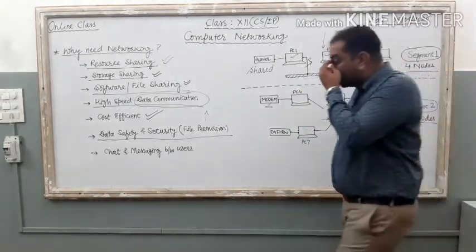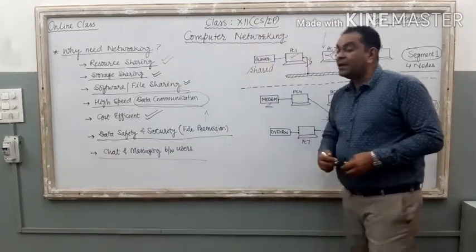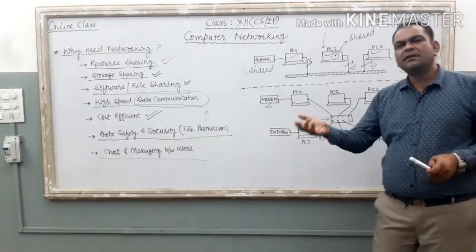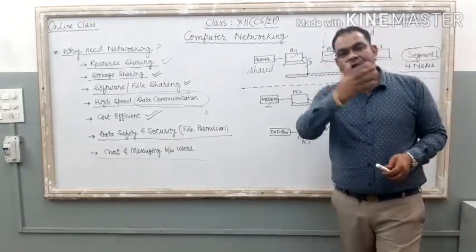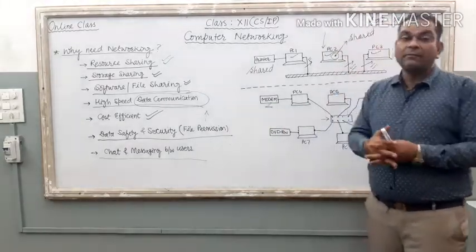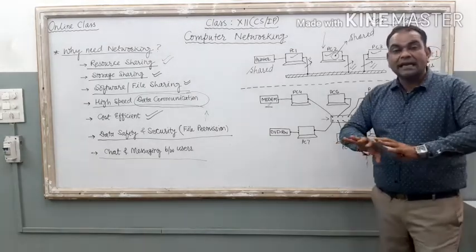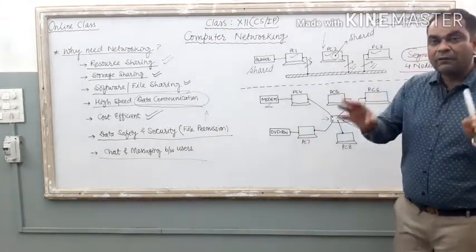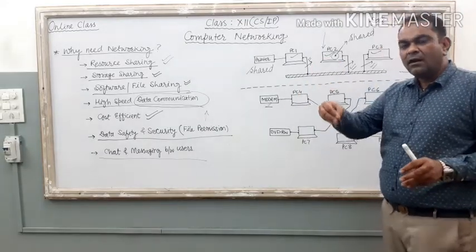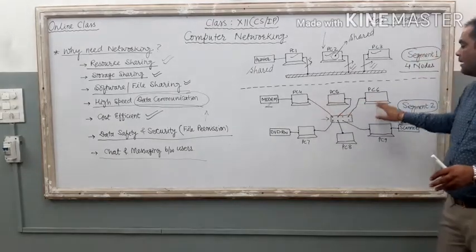Right? Next, the last one: chat and messaging between users. Text chat is there, video chat is also there, and some messaging software is also available for a network PC. If you want to establish a chatting environment throughout your network, you just take the chatting or messaging software from the internet and install it into different computers.